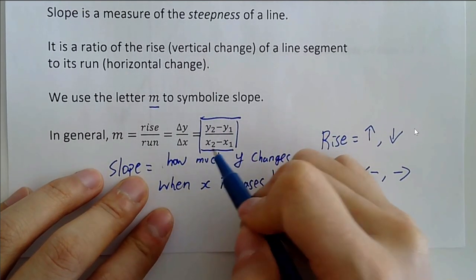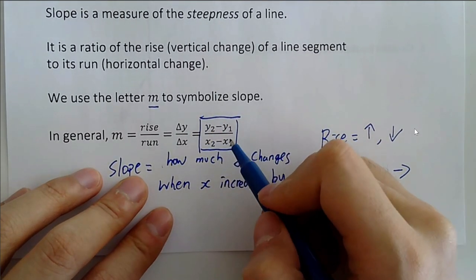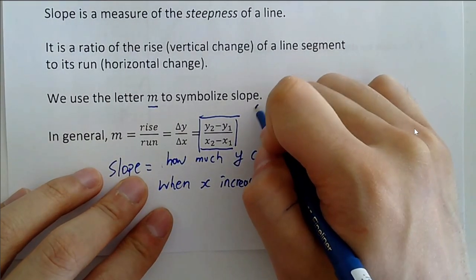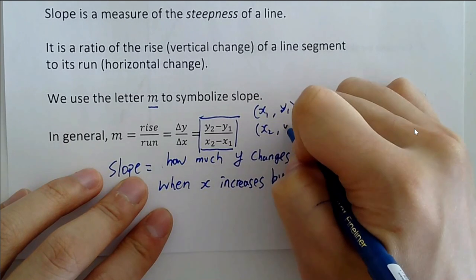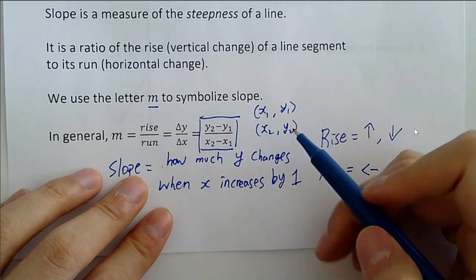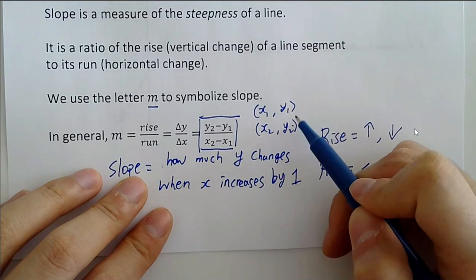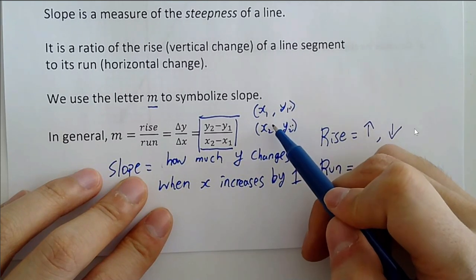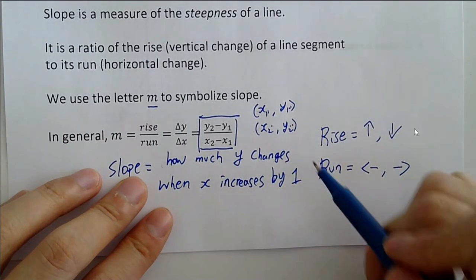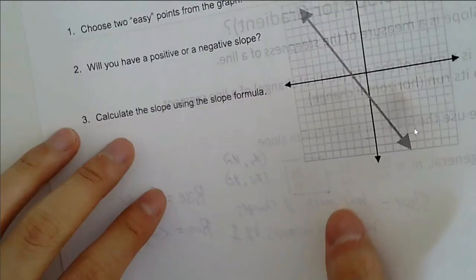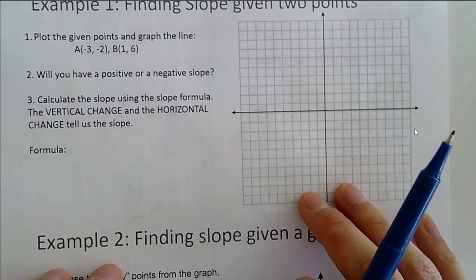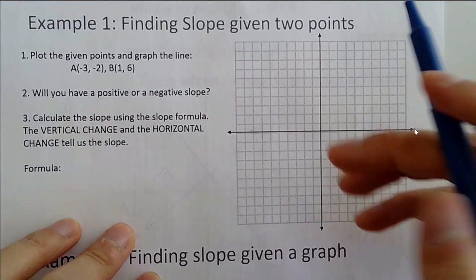If you were given 2 points, x1, y1 and x2, y2, this is just dividing the difference between the y coordinates by the difference of the x coordinates, and we can find the slope. Let's try some examples of how to find the slopes.